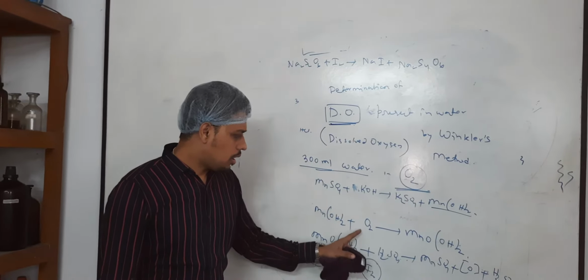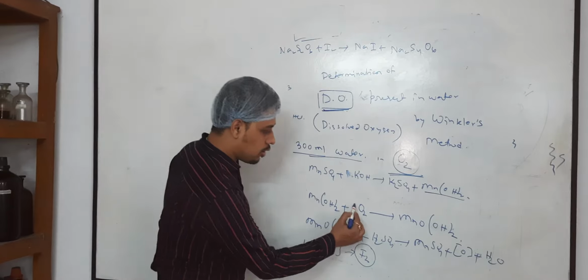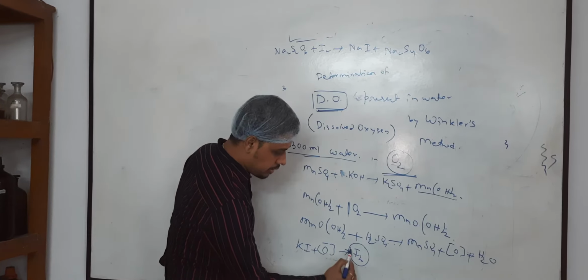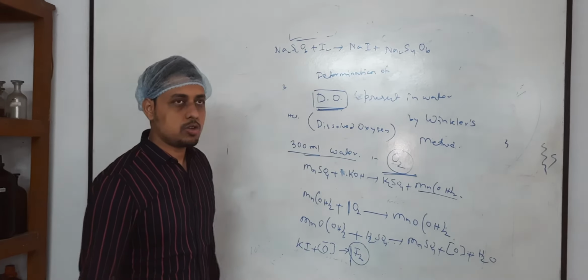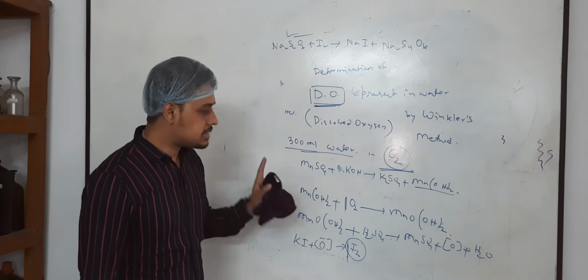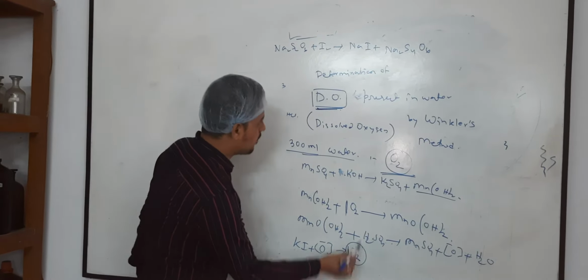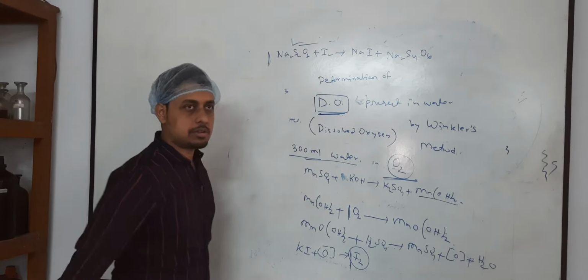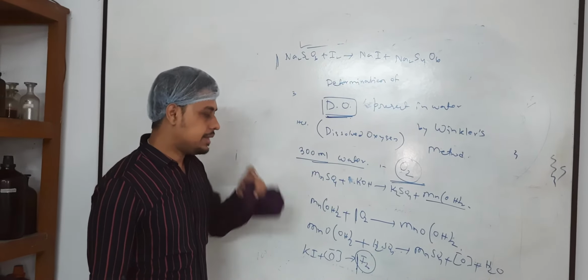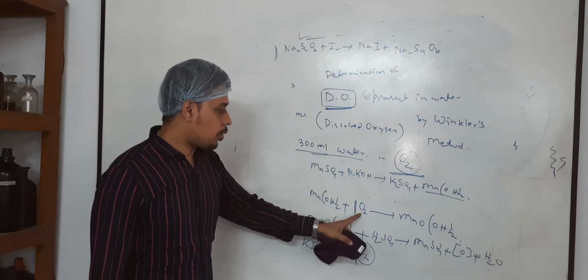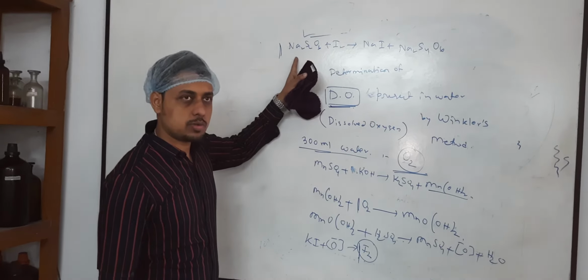So one equivalent of oxygen is producing one equivalent of iodine, and one equivalent of iodine will be absorbed by one equivalent of sodium thiosulfate. We can say that one equivalent of oxygen is equivalent to one equivalent of sodium thiosulfate.